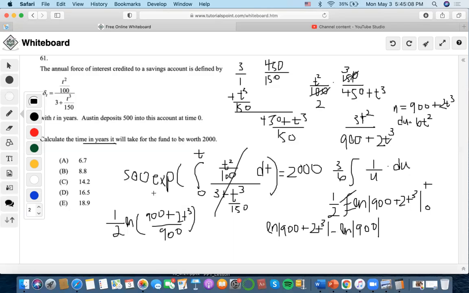And now we have the base e, right? By the laws of logarithms, whenever e is raised to an ln, with something within the logarithm parentheses, we bring down this and the e just disappears. So it would just be 900 plus 2T cubed over 900. Yeah, the e just disappears, and we just bring down this.